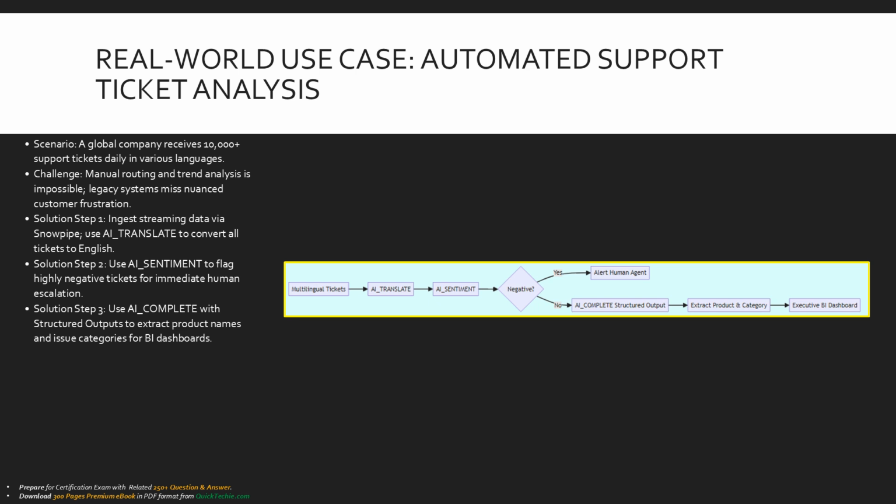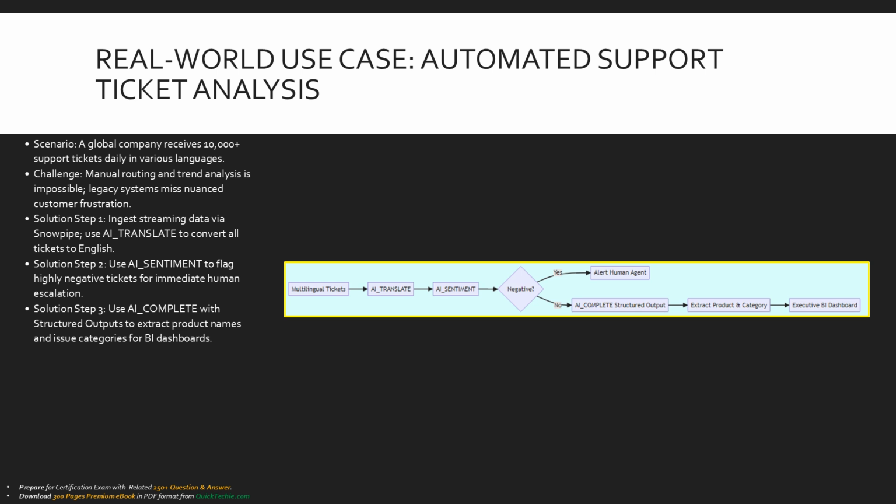Next, we run the AI sentiment function. Any ticket scoring a highly negative sentiment is immediately routed to a specialized retention team. Finally, we use the AI complete function equipped with structured JSON outputs to read the text and cleanly extract the specific product name and the root cause category. This pipeline operates asynchronously, processing massive volumes of unstructured text and transforming it into clean, structured analytics that update your executive BI dashboards in near real time. This is the true ROI of Cortex.